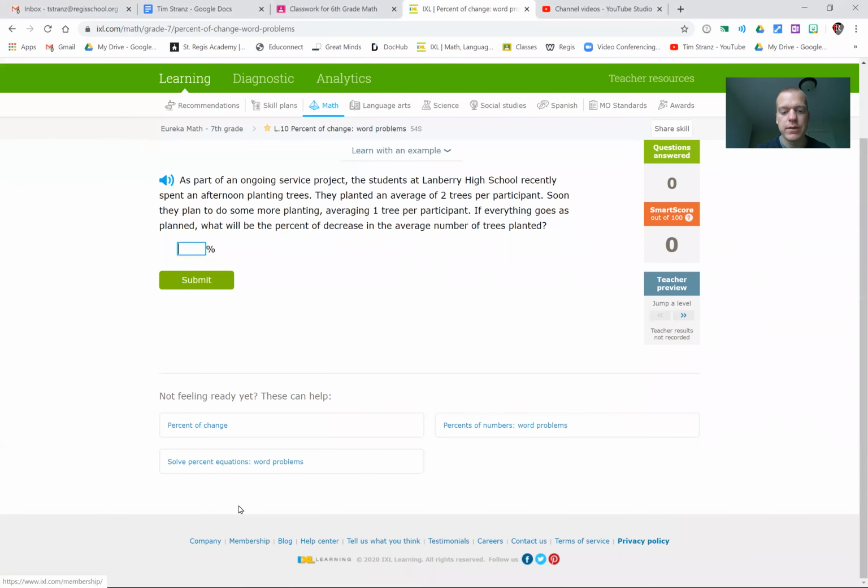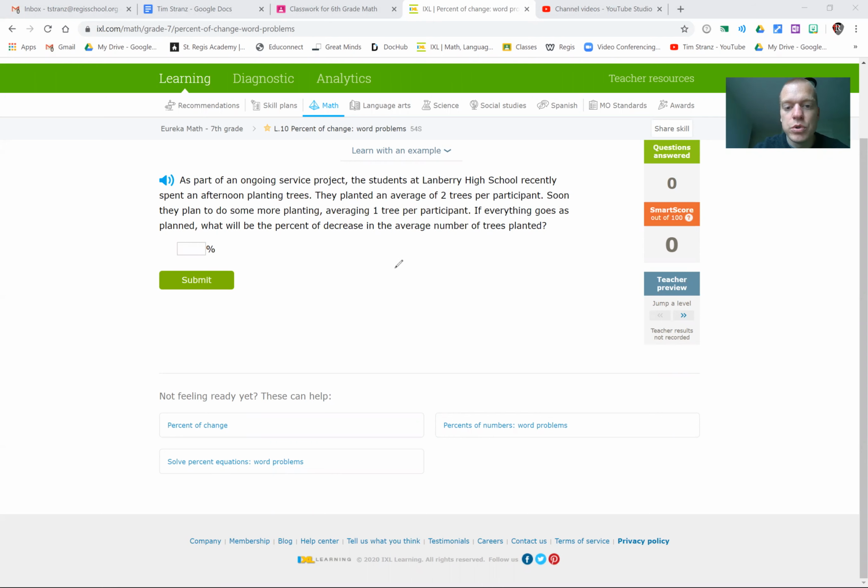Okay, so let's look at this one. As part of an ongoing service project, the students at Landbury High School recently spent an afternoon planting trees. They planted an average of 2 trees per participant. Soon they plan to do some more planting, averaging 1 tree. So if everything goes right, what will be the percent of the decrease?